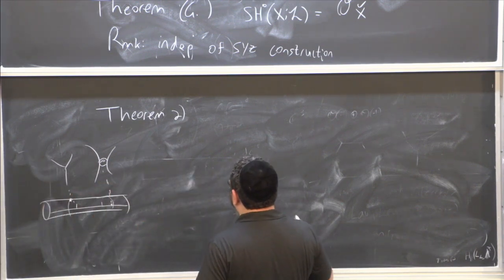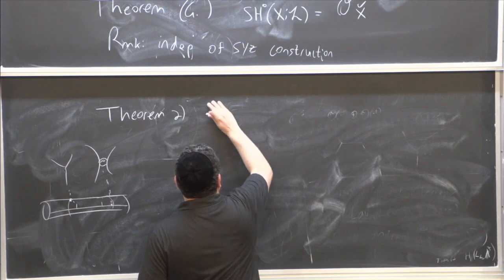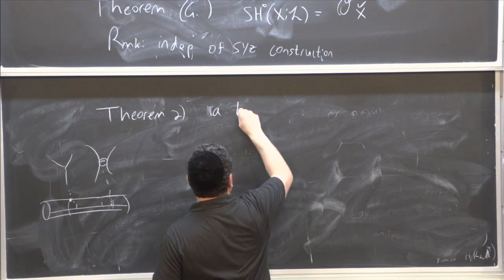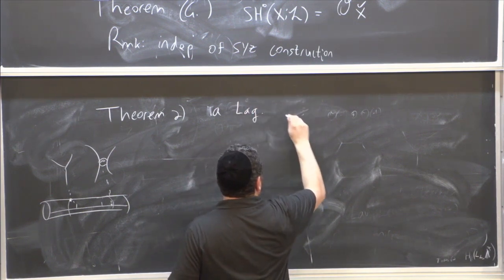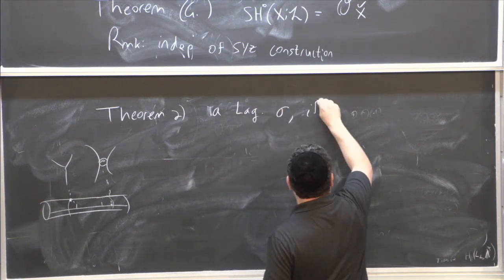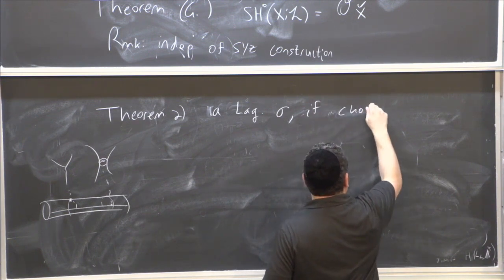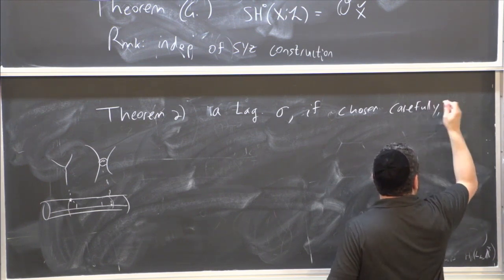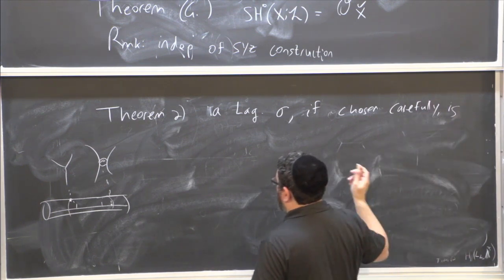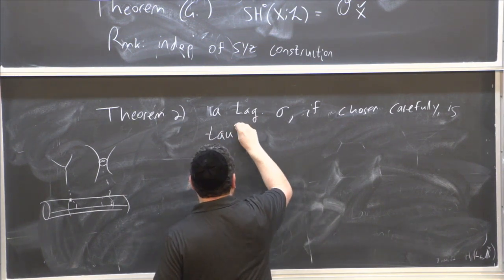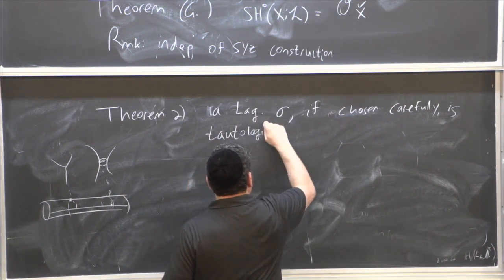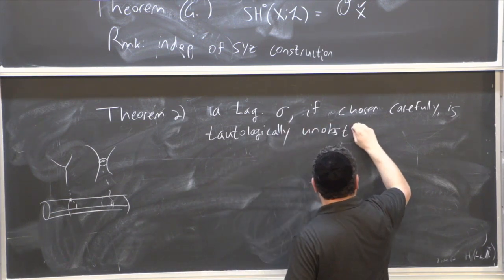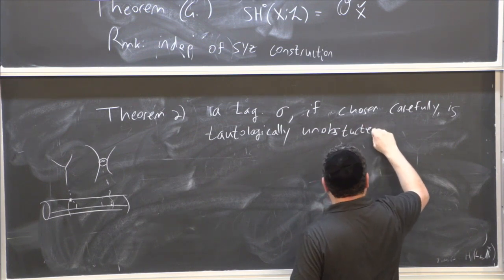So a Lagrangian section sigma, if chosen carefully, is tautologically unobstructed, by which I mean there are no holomorphic disks.